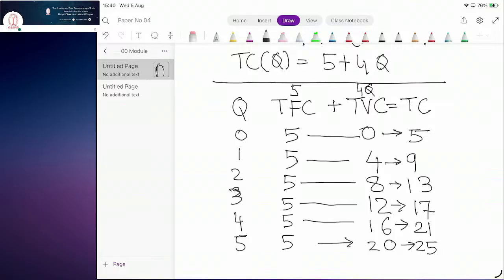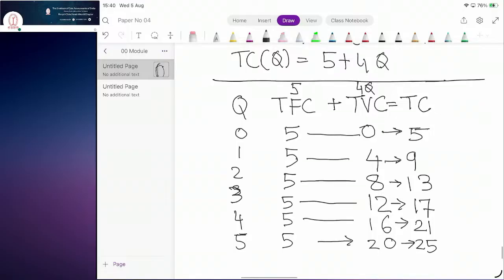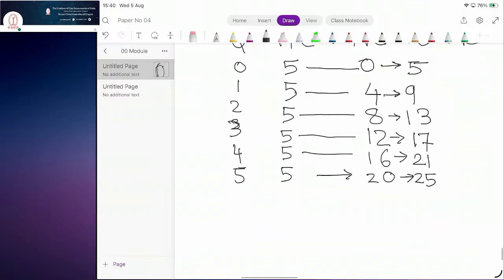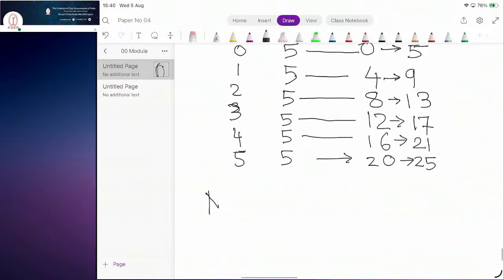Okay. The last cost concept that we want to define for today's lecture, and this is the most important cost concept on which entire economic models are dependent. Write that. It is called marginal cost.